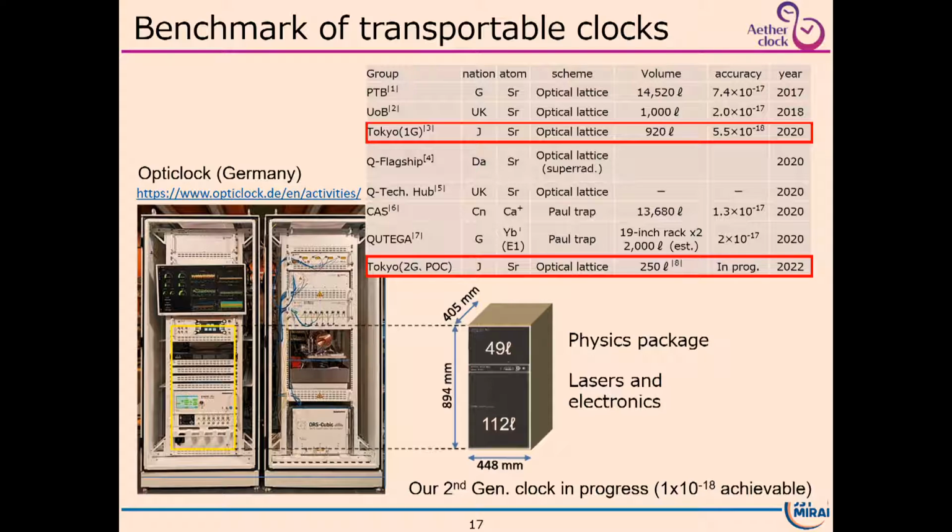Our first generation clock, 1,000 liters, had an accuracy of 5 times 10 to the minus 18, and the newest one has a total volume of 250 liters. We hope to push the uncertainty down to 1 times 10 to the minus 18, or even better.